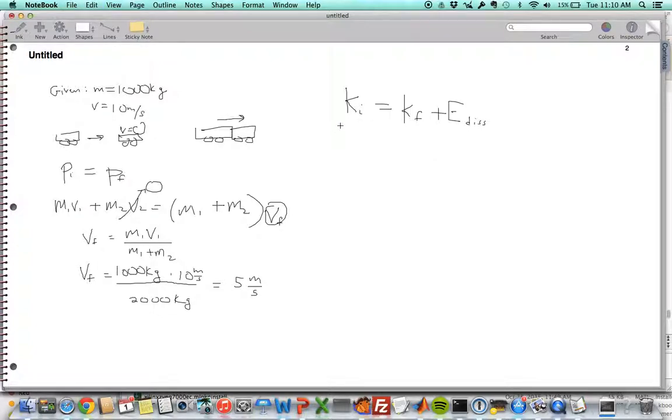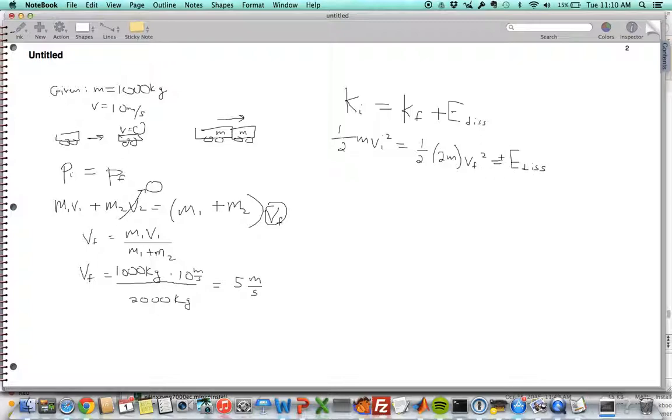Okay, so this is 1/2 m v initial squared is equal to, and now our v final are these two cars together, and each of these is m. So this is really the total mass for these two cars together, 2m, times v final squared, plus E dissipated.